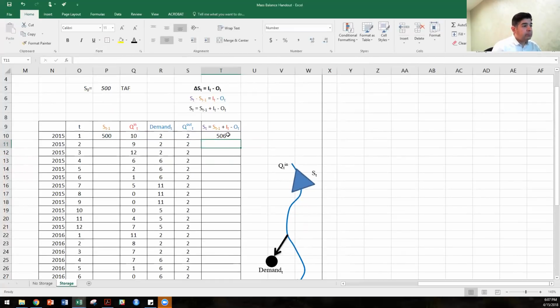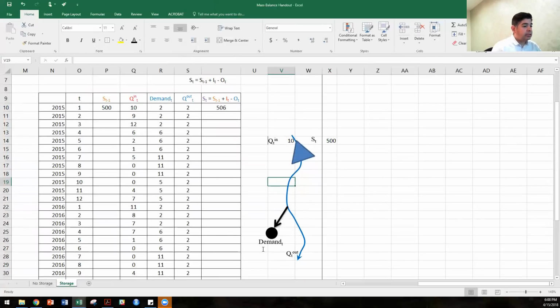So here we start with, let's say, 500 units. For Q in, let's say that what we were saying here is about 10 units of water. Let's say that the demand here is about 2 units of water.